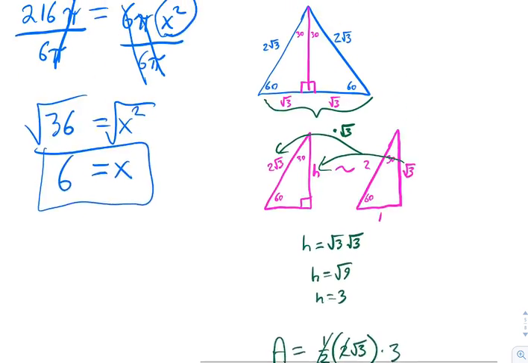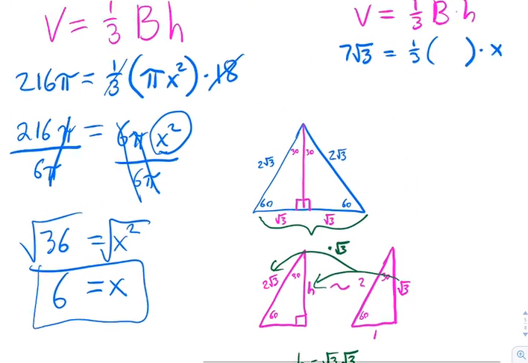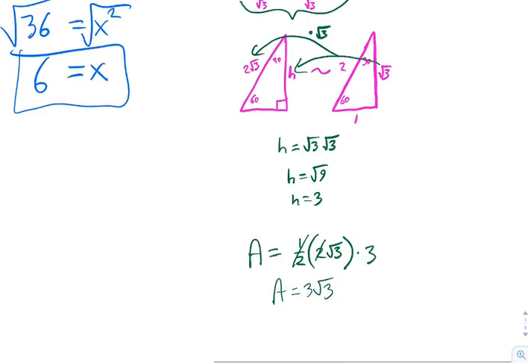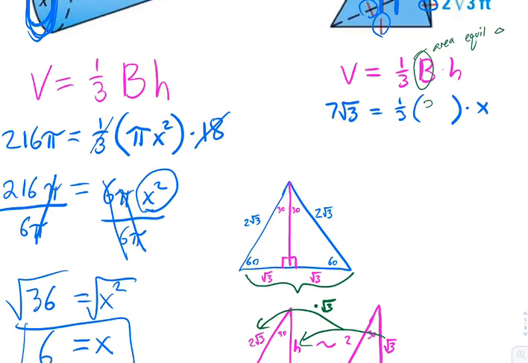So now I can take the area of that triangle and go back up here, because this was the area of my equilateral triangle. So putting that in, I have 3 root 3. So 1/3 of 3, that cancels. And what we've got is 7 root 3 equals root 3 times x. Well, if we just divide both sides by the number next to x, we get x equals 7.